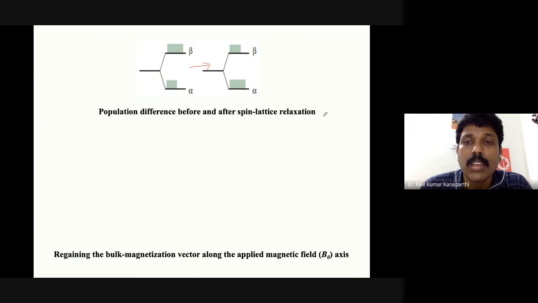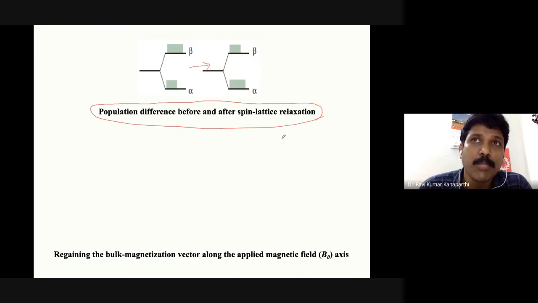So re-establishing the actual population in the alpha and beta states is referred to as the longitudinal relaxation process, or the spin-lattice relaxation process. Okay, I hope everybody is following.